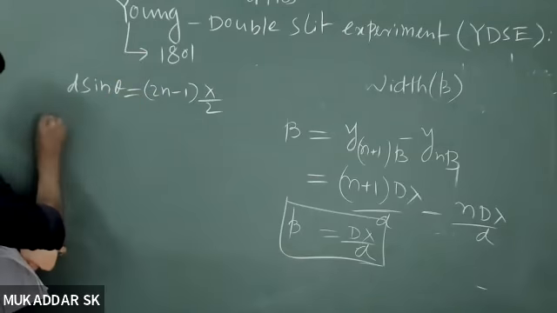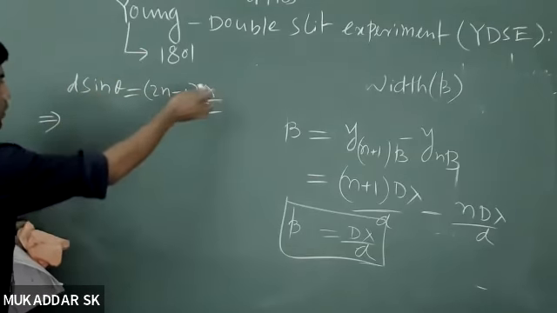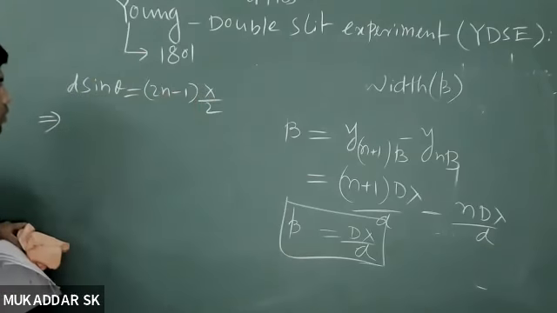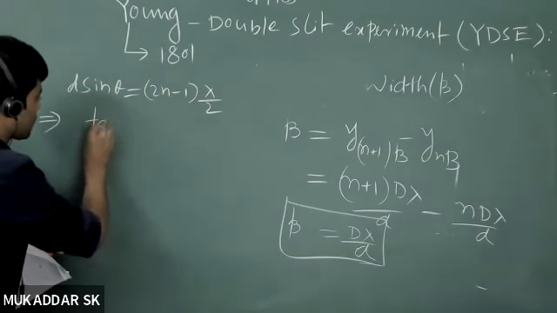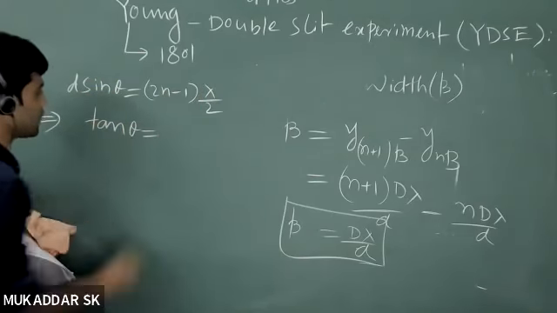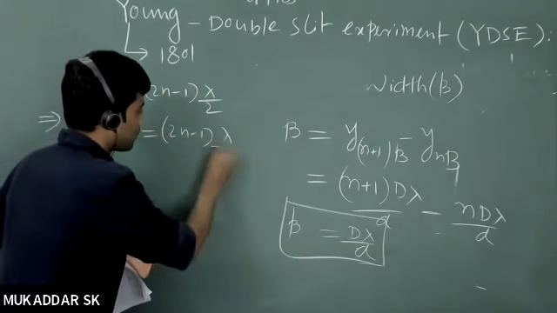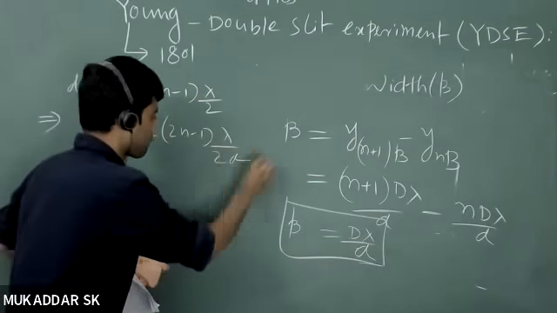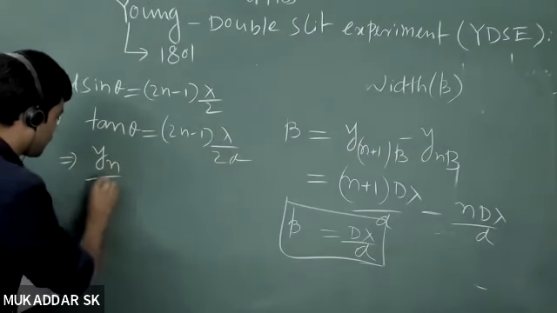Again, I will use the same concept. You know that lambda is very small, of the order of angstrom, and d is of the order of millimeter. So in place of sine theta, I will directly use tan theta. So tan theta will be 2n minus 1 lambda by 2d, right? And tan theta will again be Yn by capital D, the same thing.